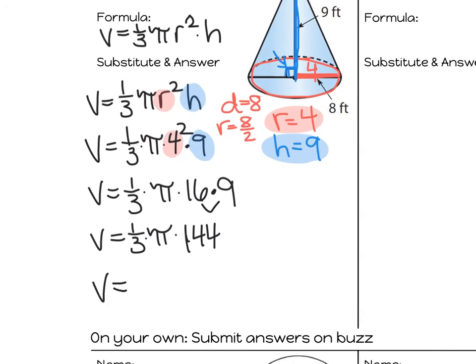So now you can go ahead and just plug this in. So 1/3 times pi times 144. I got 150.80. Hopefully you did too. And this is feet to the 3rd power.